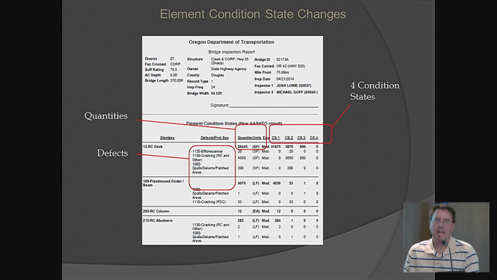Those quantities can exceed the total because they're a protective coating. They're not a unit of measure under the parent element. It's a little confusing to understand why they did that, but that's just what you're going to see on your reports.